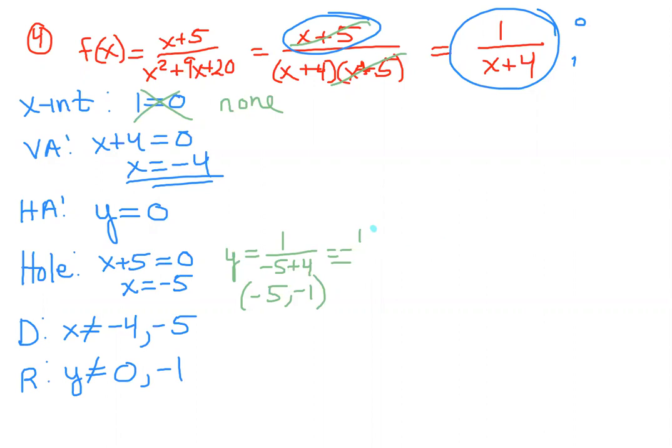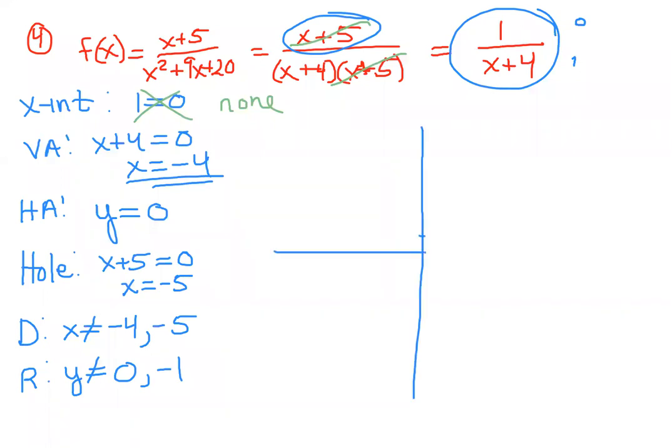All right, I'm going to erase this so I have some more space. Let's draw our asymptotes. X equals -4. Y equals 0.